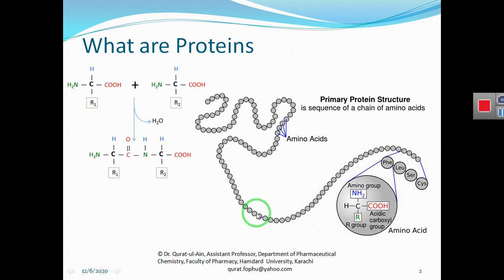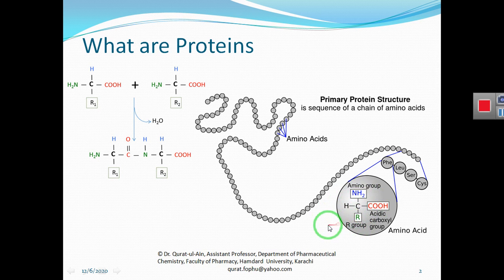We know that in nature we have 20 or 21 amino acids, and all these amino acids follow the standard rule that they have an amino group, a carboxylic group, a nitrogen atom, and one R group.